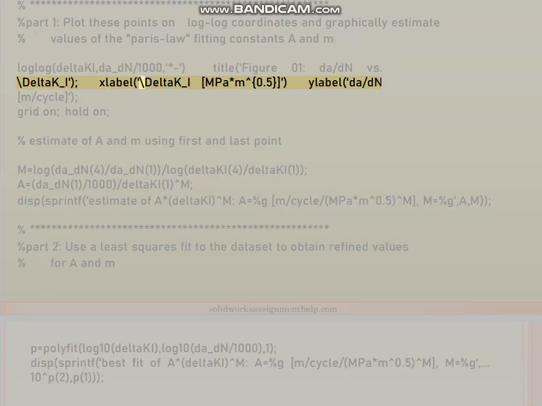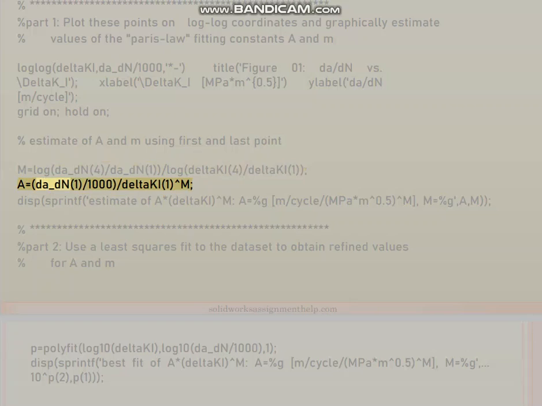Label delta Ki MPa m^0.5, label da/dn m/cycle. Grid on, hold on. Estimate of A and m using first and last point: m equals log of da_dn 4 over da_dn 1, divided by log of delta Ki 4 over delta Ki 1.